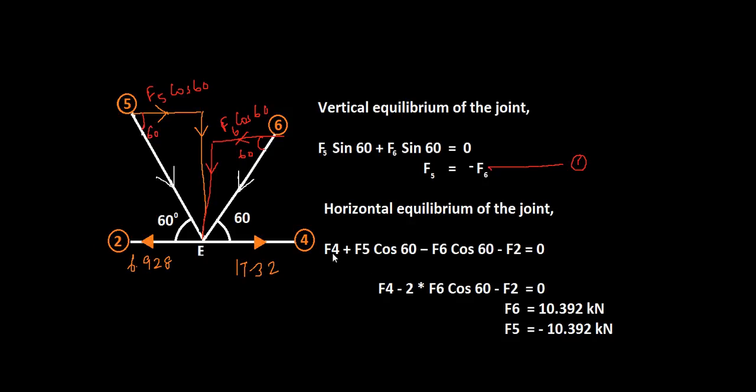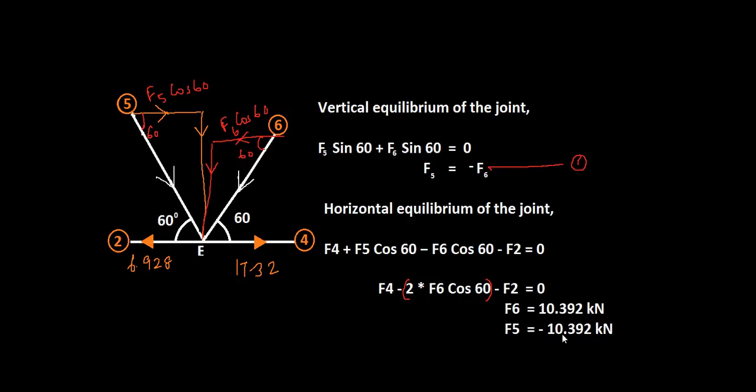So you have F4 minus F2 minus F6 cos 60 minus F6 cos 60 equal to 0, or F4 minus 2 into F6 cos 60 minus F2 equal to 0. Solving this, you get F6 equal to 10.392 and F5 equal to minus F6.